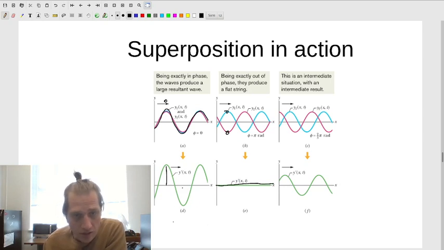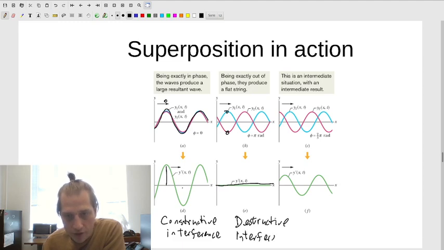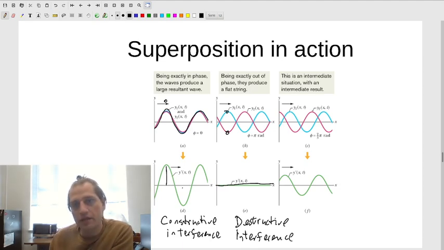So this I will often refer to as constructive interference. And this would be totally destructive interference.